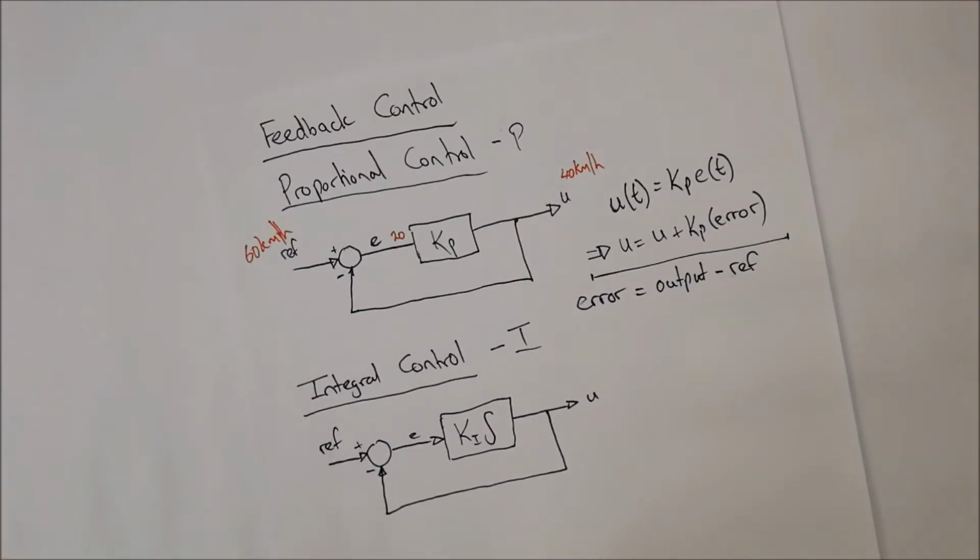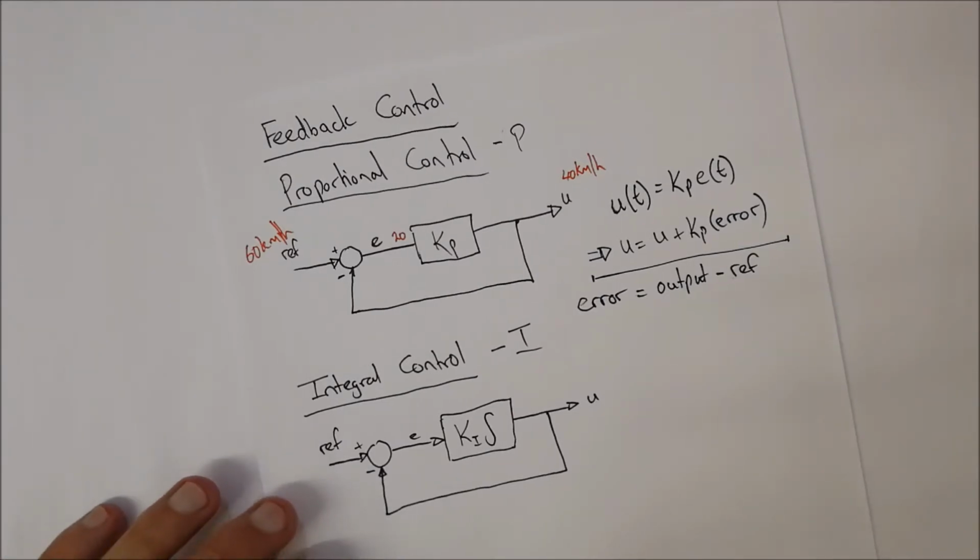Okay, so with integral control, it is the accumulation over time of all the errors until the set point is reached. Okay, so if you look at integration in terms of the definition of it, it is the sum of a certain equation.